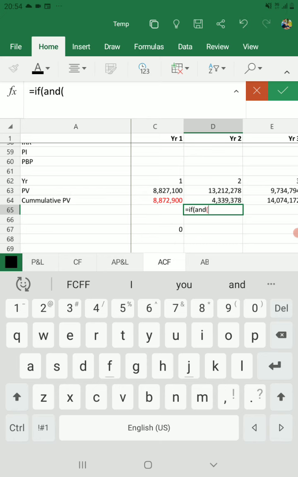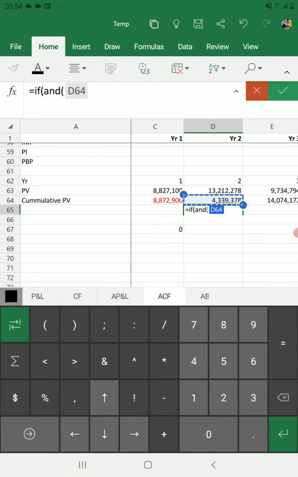So if this figure here, cumulative cash flow, is greater than 0, comma, and this figure here is less than 0, okay, so I close the bracket.